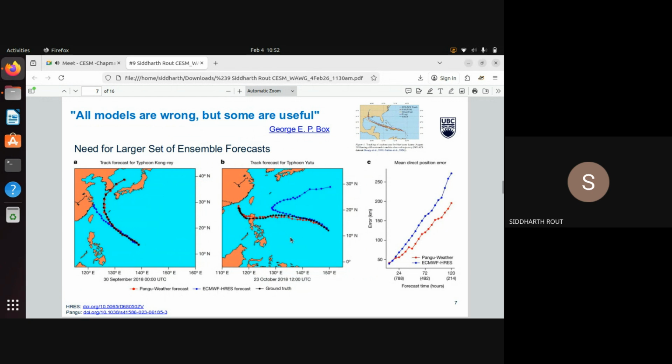In these two cases, we say that deep learning is working well. But what I'm concerned about is that the numerical model is not bad, but still it gave a trajectory which is pretty off compared to the original trajectory. And this trajectory keeps on deviating from the original track with time.